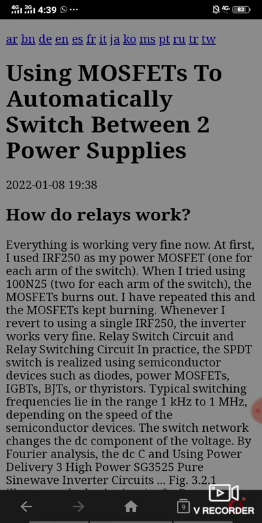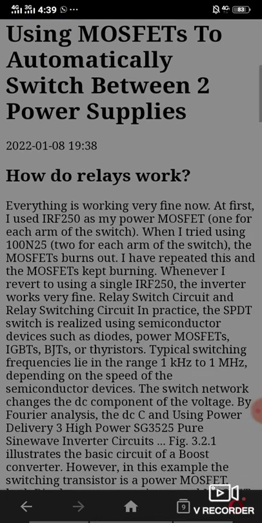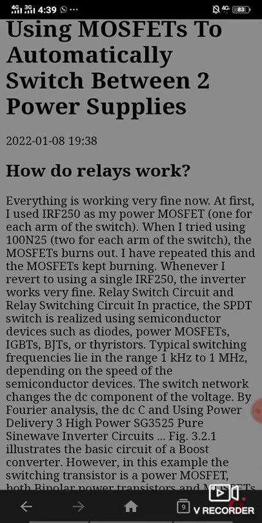In a relay switching circuit in practice, the SPD devices are such as diodes, power MOSFETs, IGBTs, BJTs and thyristors. The typical switching frequencies lie in the range of 1 kHz to 1 MHz depending on the speed of the semiconductor device.